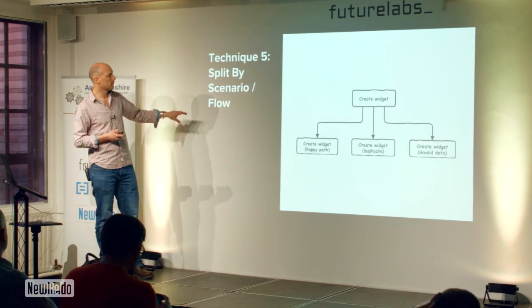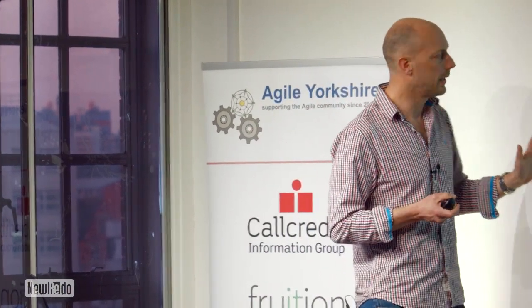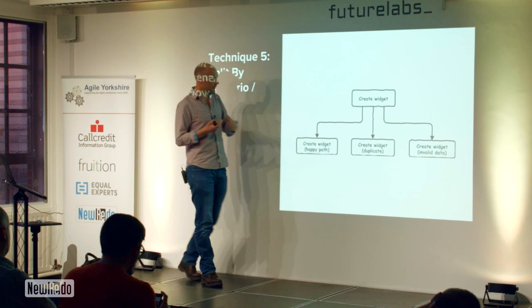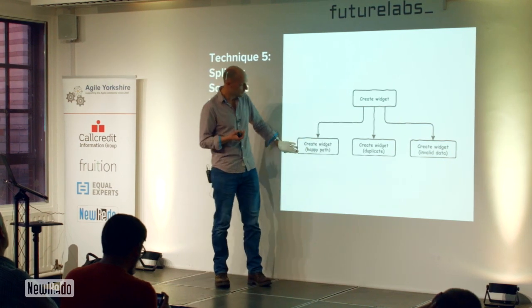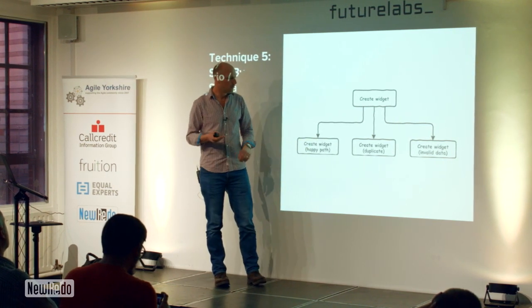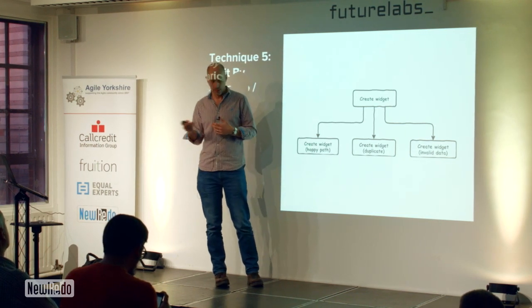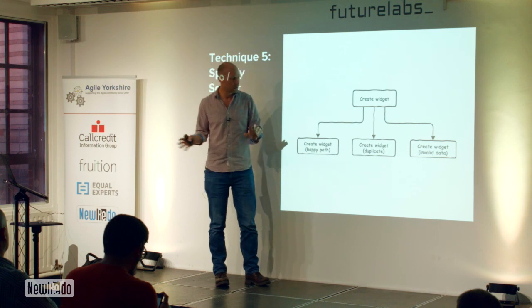Now, I've got user-level goals, okay? And there's a bunch of different ways I can split these down. The first thing I can do is split them by scenario or flow. Creating a widget could go well or it could go badly. So I can probably split that out into a happy path create widget that doesn't really worry too much about field validations and whether the widget is a duplicate of one that's in the database already. I don't want to do those validations straight up.